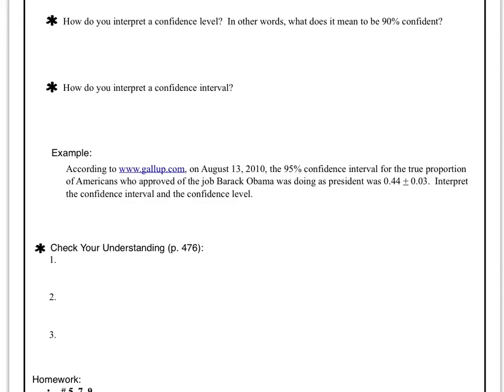Okay, so how do we interpret a confidence level? That's the big thing. You know, interpretation is huge in statistics.